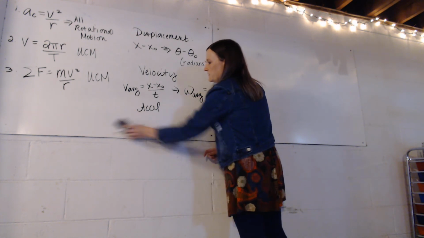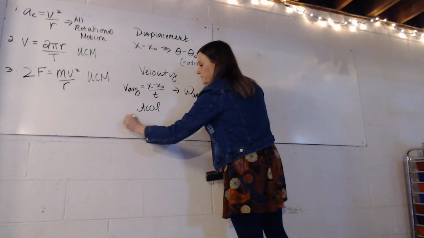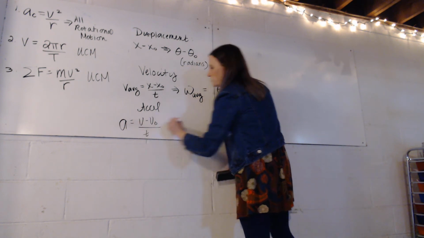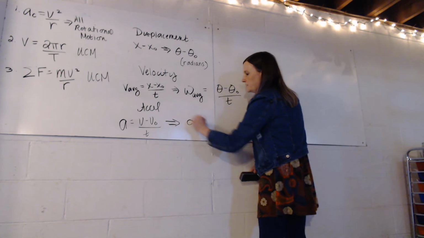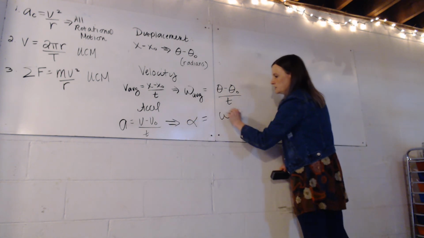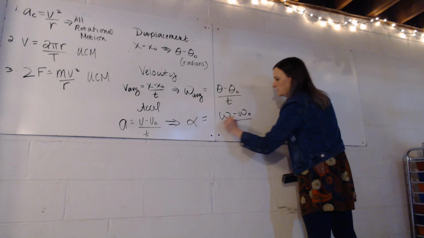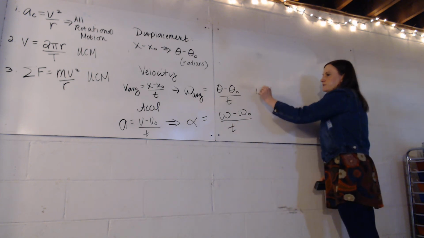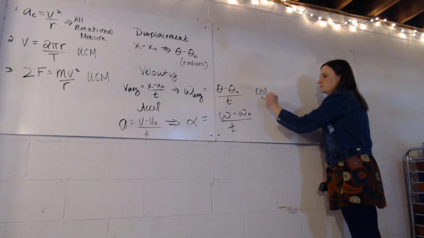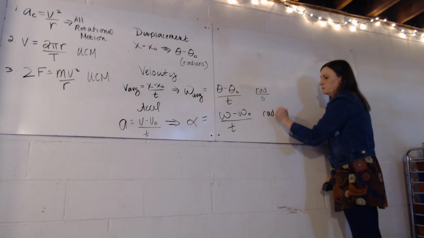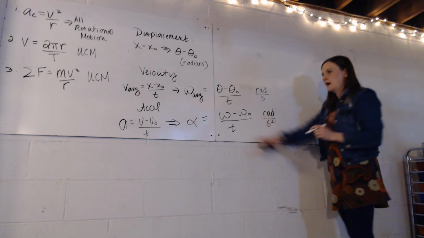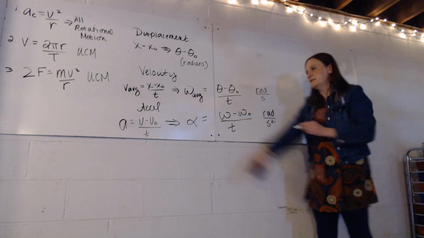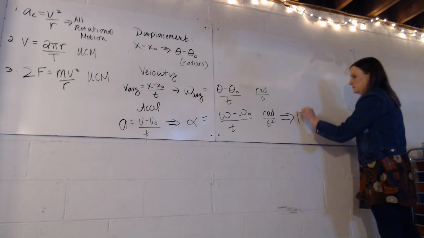In linear form, acceleration is change in velocity divided by time, so the angular acceleration is alpha, and it is equal to change in angular velocity divided by time. Usually we prefer angular velocity in radians per second, and angular acceleration in radians per second squared. This kind of acceleration is present only in non-uniform circular motion.